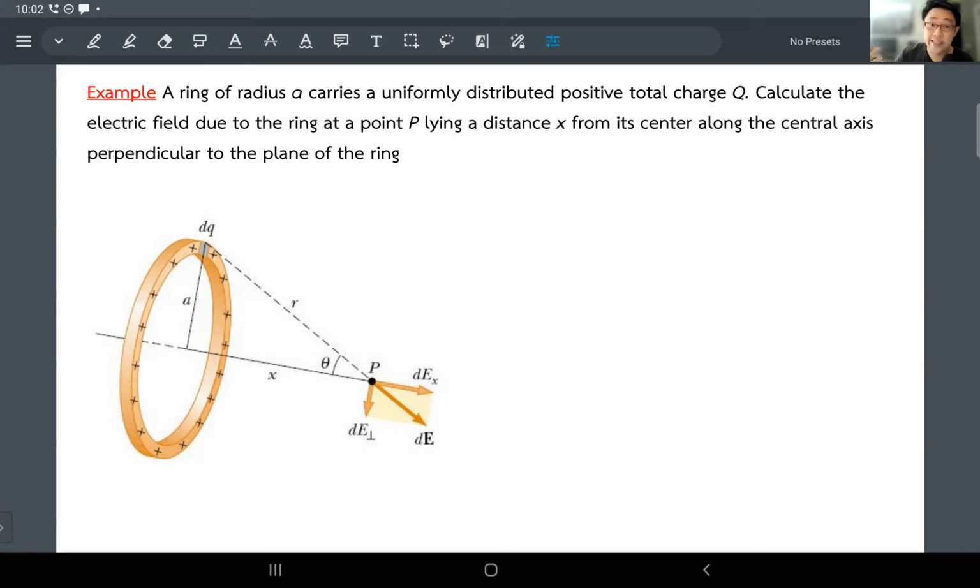I understand that some of you don't like this much. However, I have already selected only parts of the problems that are not too complicated, but showcase the utility of having calculus in our hands, integral calculus, to calculate electric field.